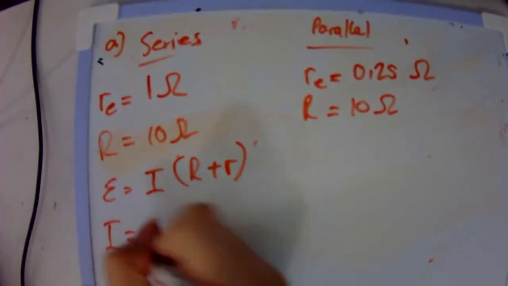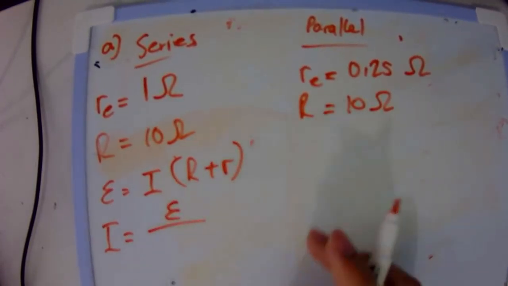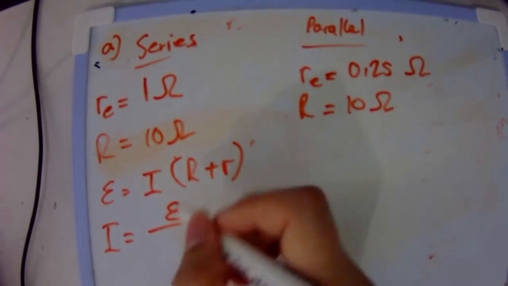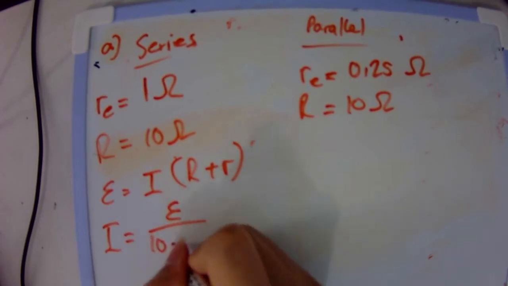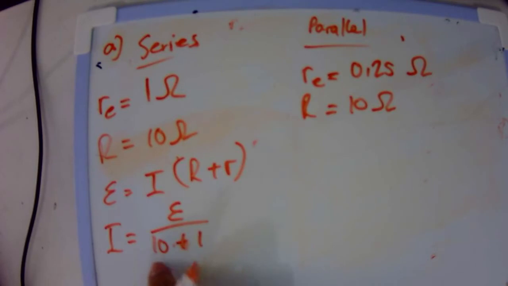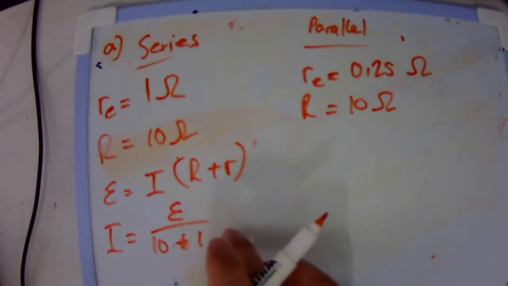So I equals electromotive force over 10 plus 1, with 10 being the external resistor and 1 being the internal resistance, which we just calculated.